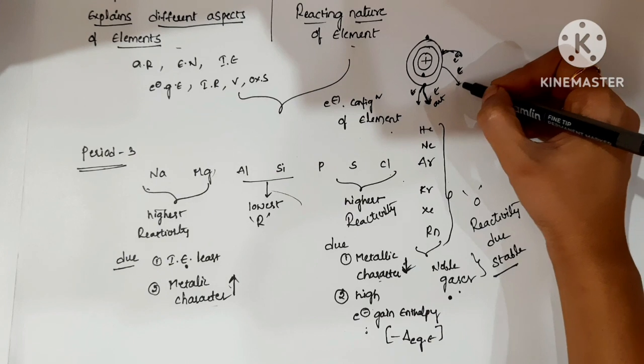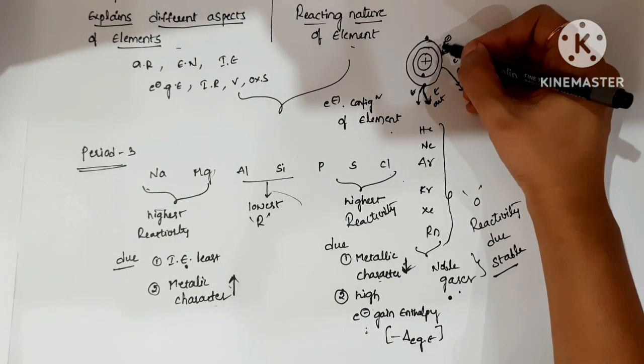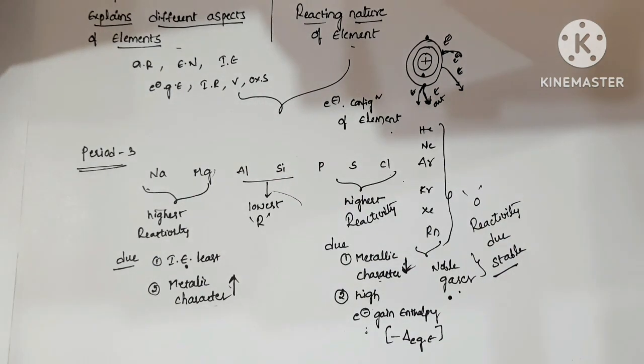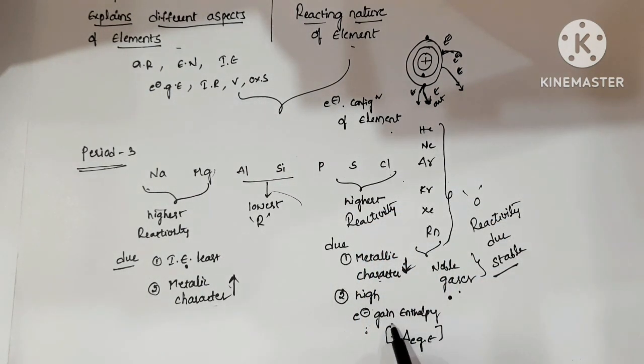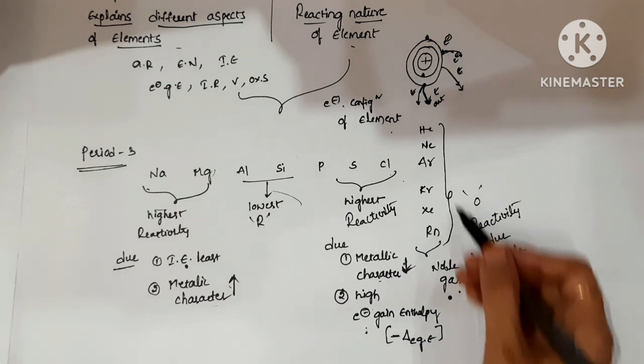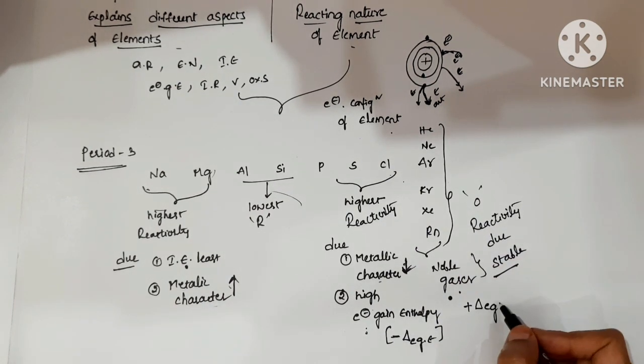So energy is released when an electron is added to the atom, which is a negative value. Noble gases have positive electron gain enthalpy.